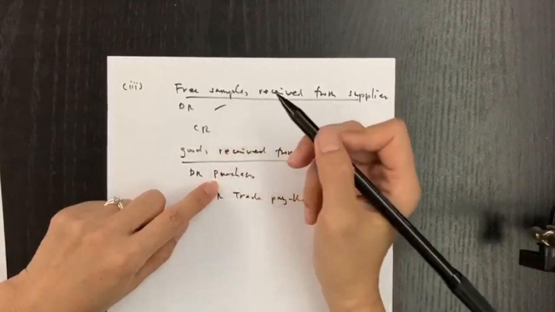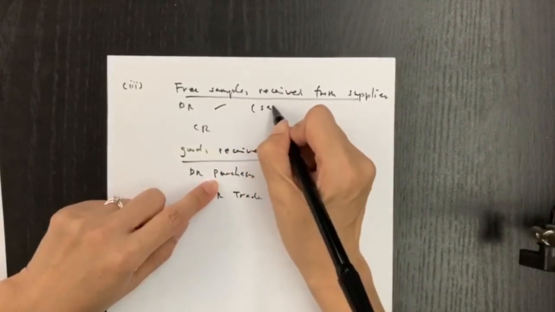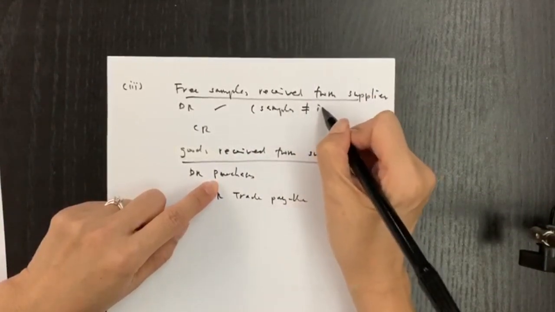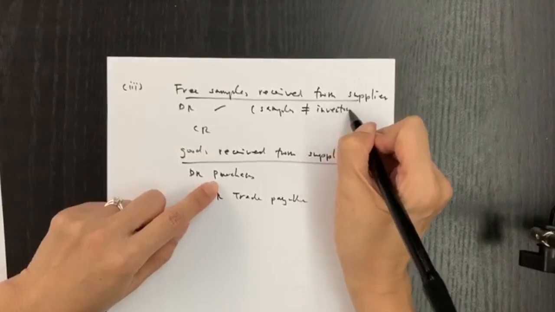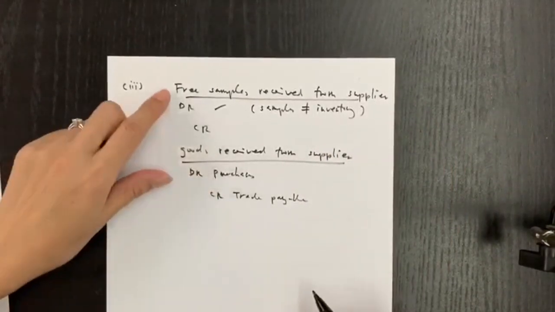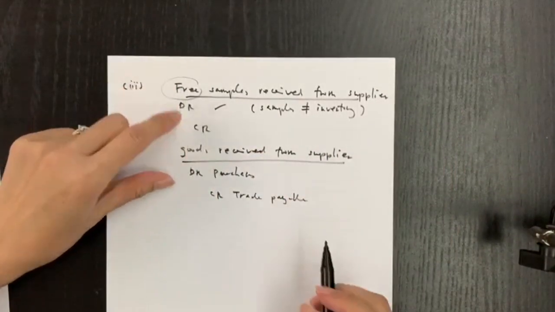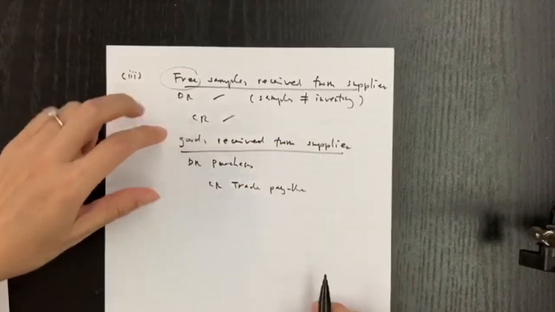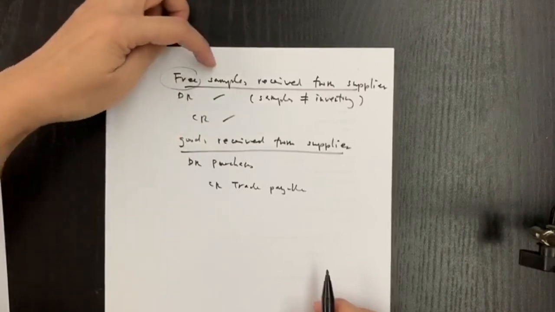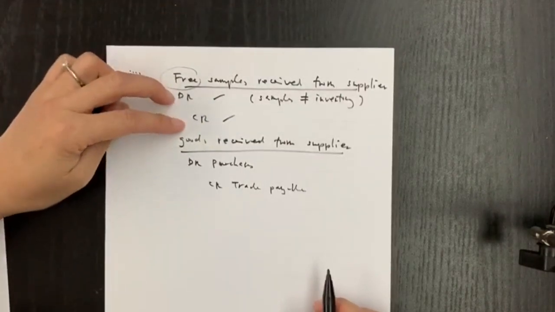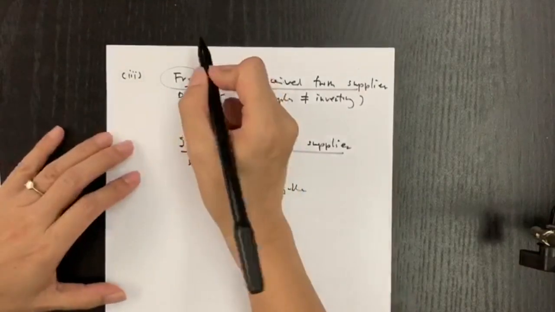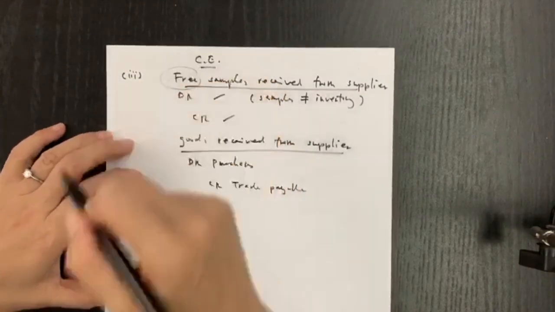So we do nothing here because samples will not be treated as the inventory in the business, right? And since this is 3, that means we owe nothing to supplier and then we do nothing. So what should be the treatment for 3 samples received from supplier? We do nothing. We should not do any double entry. Okay, so that is the correct thing we have to do.